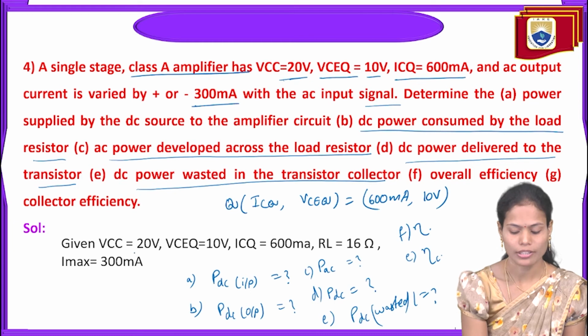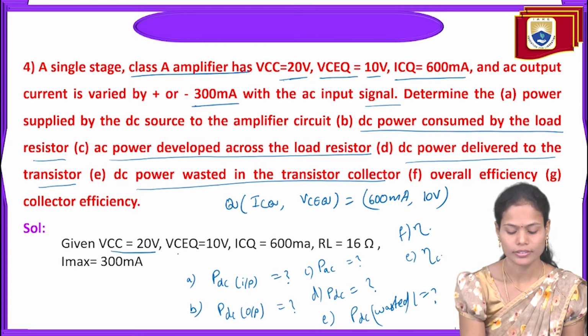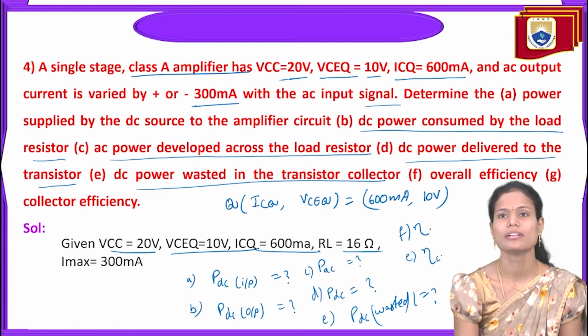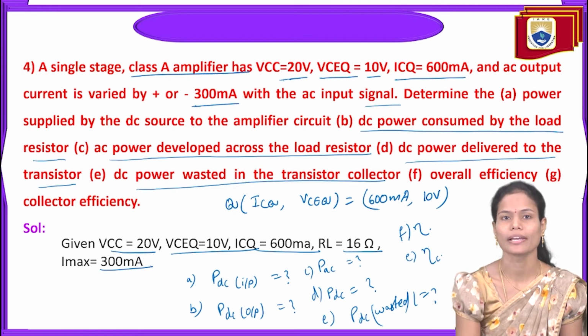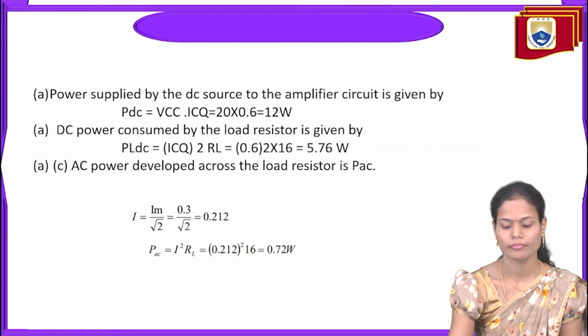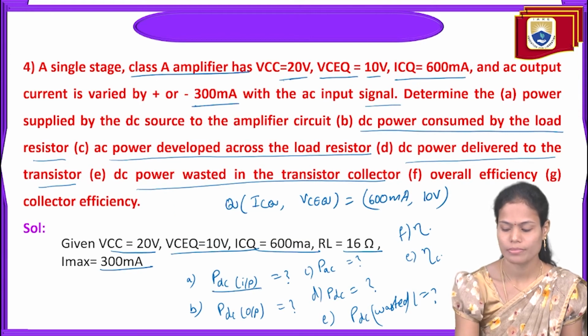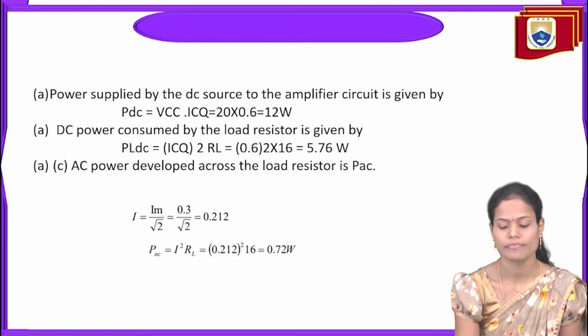So here the given values are the supply voltage 20 volts, the operating point values as above, the load resistance is 16 ohms and the maximum current is 300 milliamps. The first bit we need to calculate is the power supplied by the DC source to the amplifier circuit.